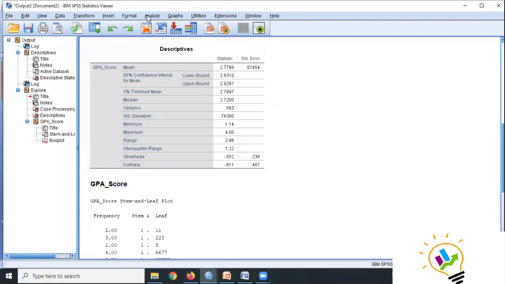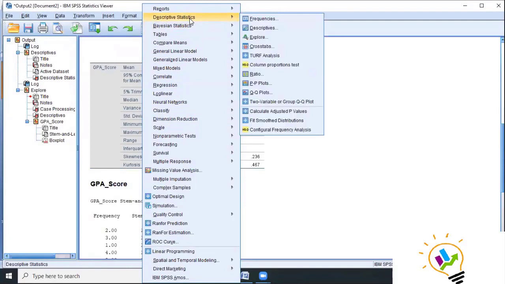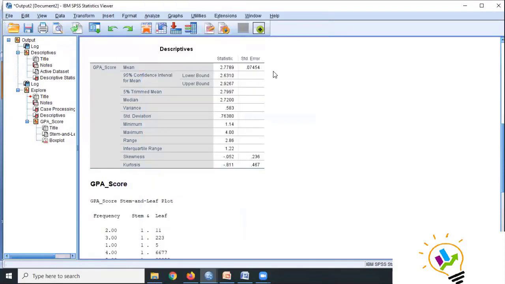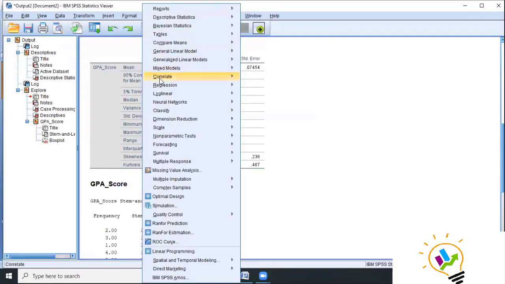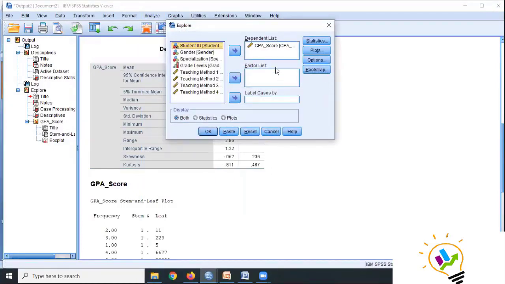Now I'm going to show you in the analysis part how to check whether scale data is normally distributed or not. So we must go to Analyze, then Explore. In Explore, select the variable for which you want to check normal distribution.